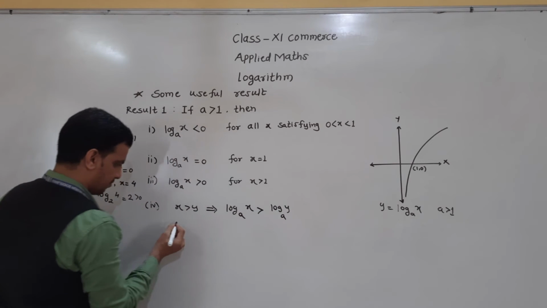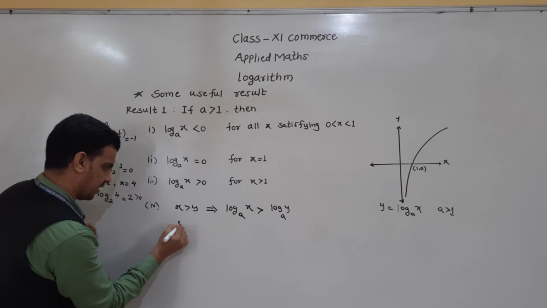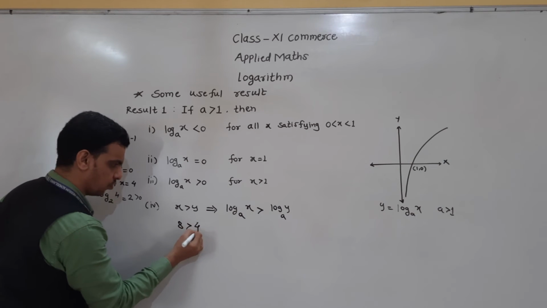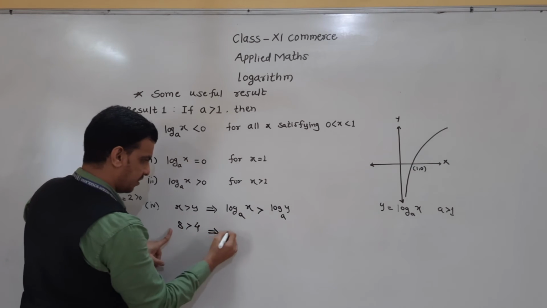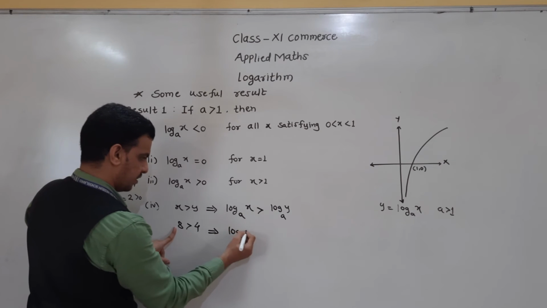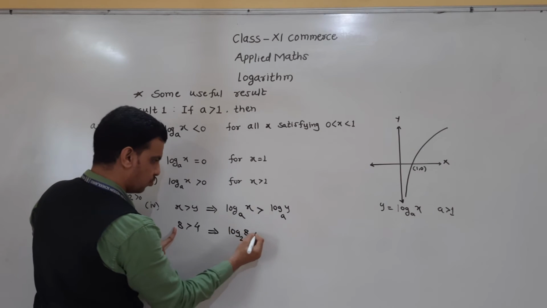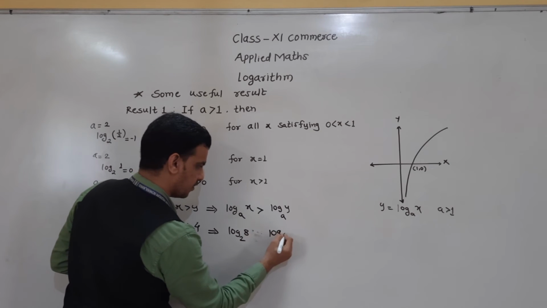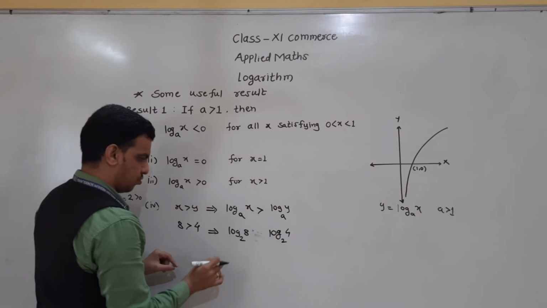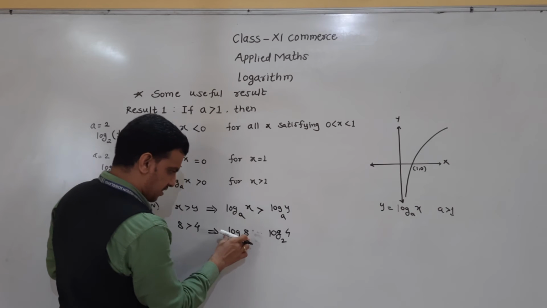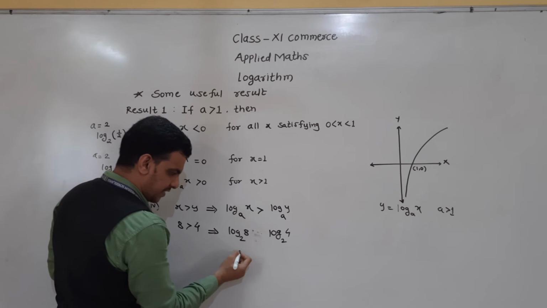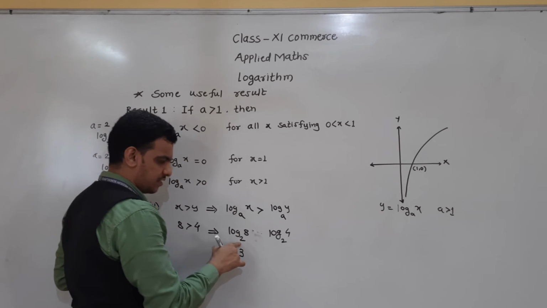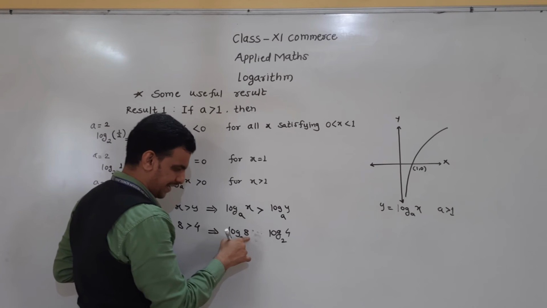We can take an example: suppose 8 is greater than 4, then we take log of 8 to the base 2 and log of 4 to the base 2. Log of 8 to the base 2 is 3, because when we raise the power of 2 by 3 we get 8.